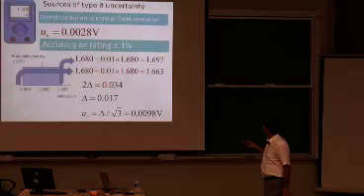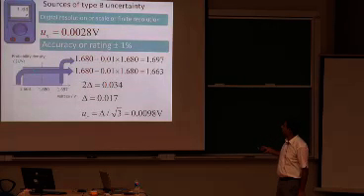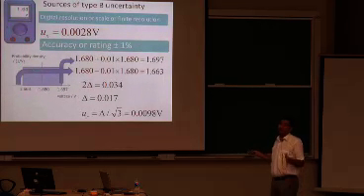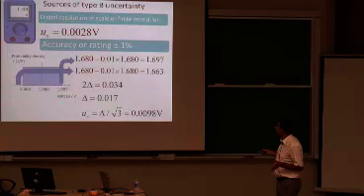So if I have an accuracy of 1%, which means that if I read off a value 1.68, the upper limit would be 1.680 plus 1% of this, 1.697, and the lower value would be 1.68 minus 1% of this reading.